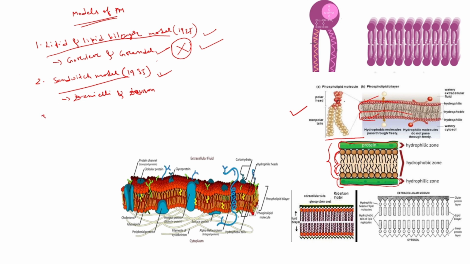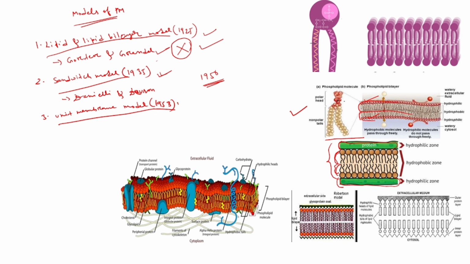The third model is called the unit membrane model, and it was discovered in 1953. I have already told that the first electron microscope was discovered in 1950.